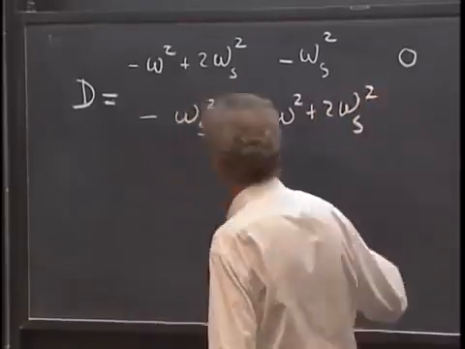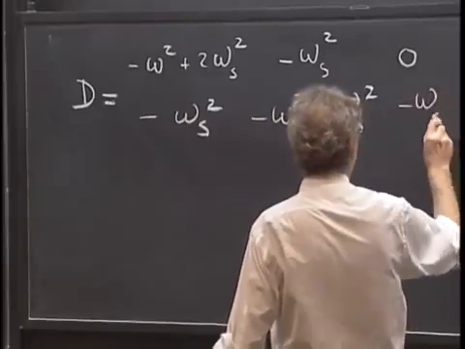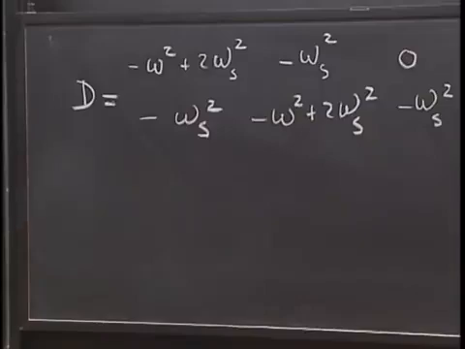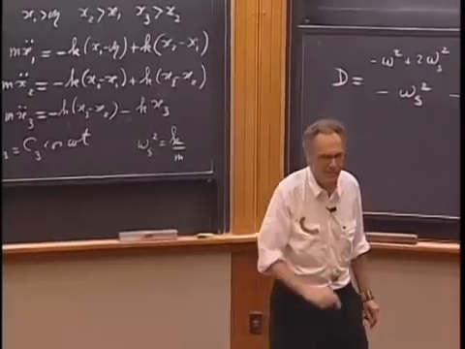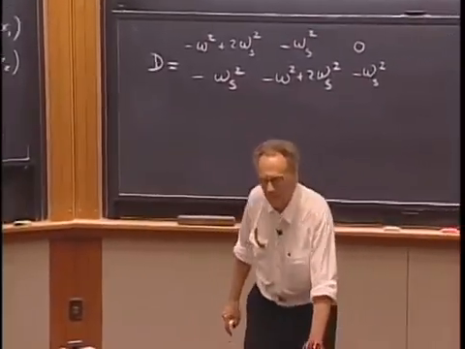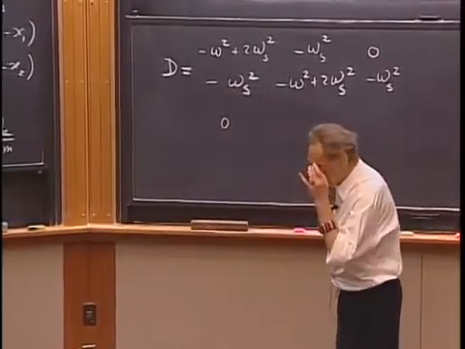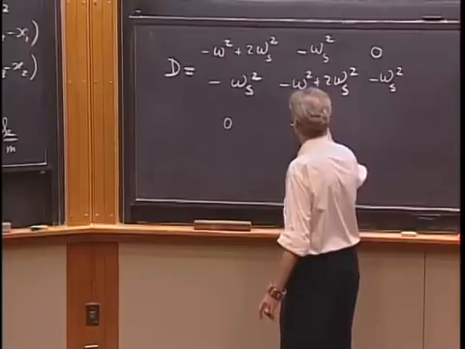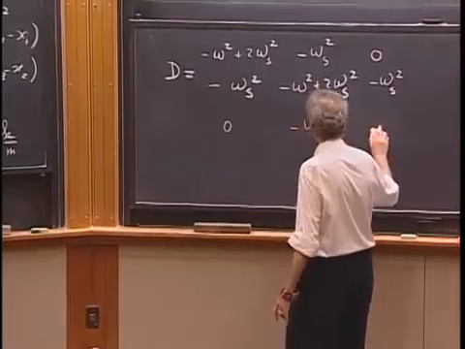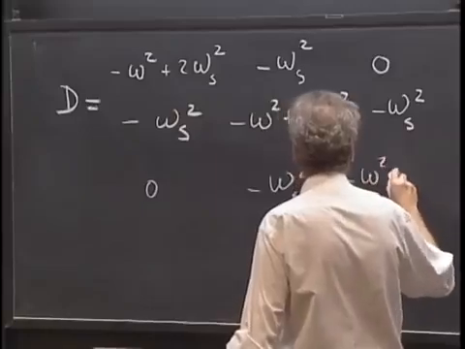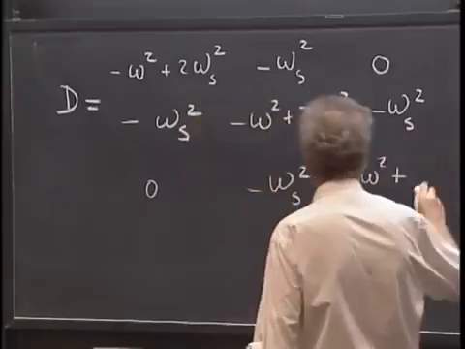And your last column is going to be minus omega s squared. Now the third differential equation, there is no x1. Therefore, that is a 0 here. And then you get minus omega s squared. And then here you get minus omega squared plus 2 omega s squared.